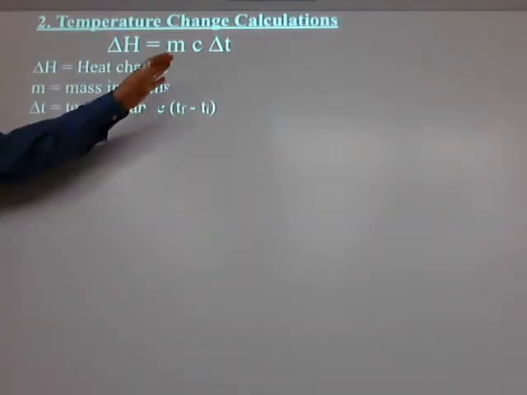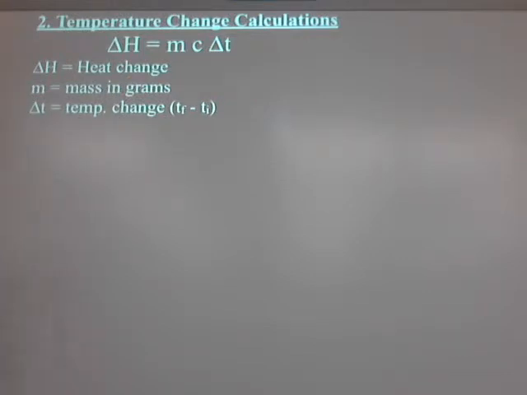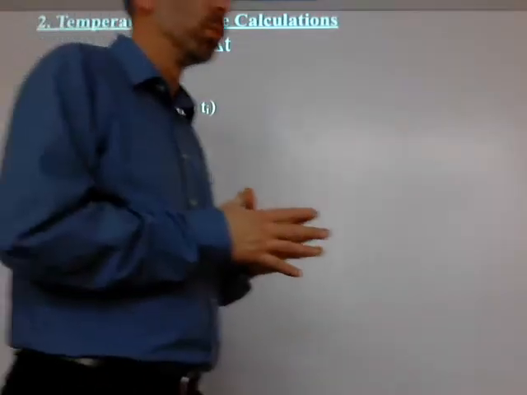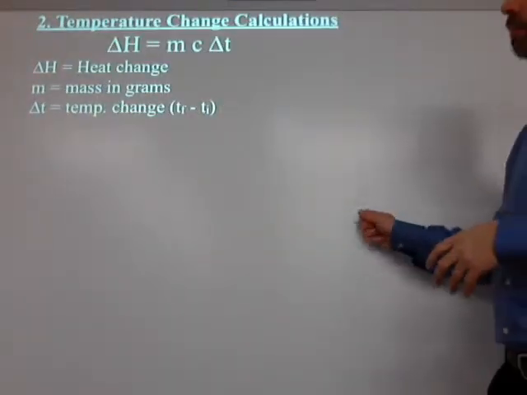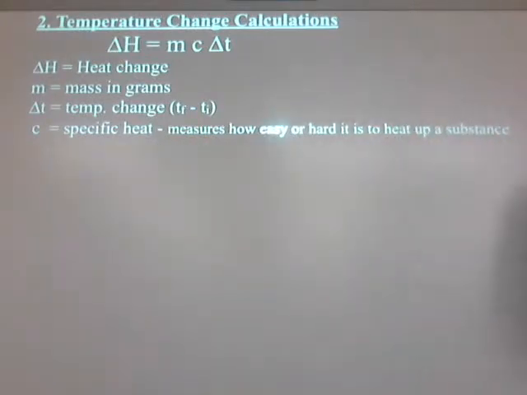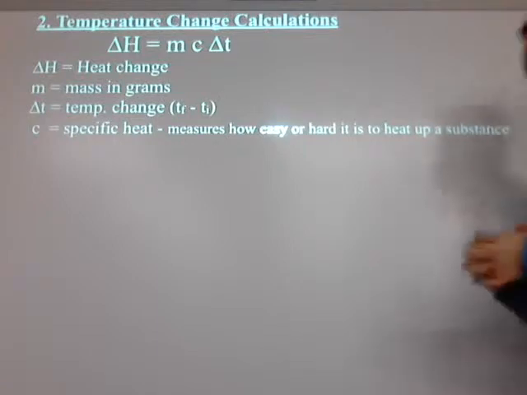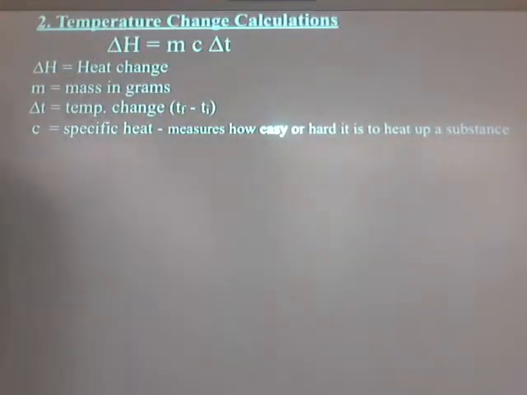C is an indicator of how easy or how hard it is to heat up this stuff. If it's a metal, it's going to be real easy to heat up. If it's water, it's going to be a lot harder. It's called the specific heat. And it measures how hard or how easy it is to heat up something.